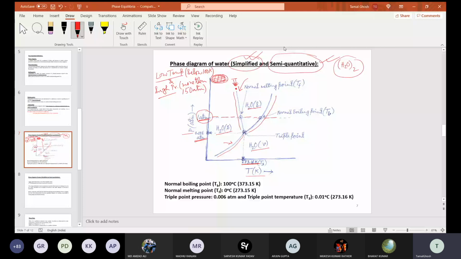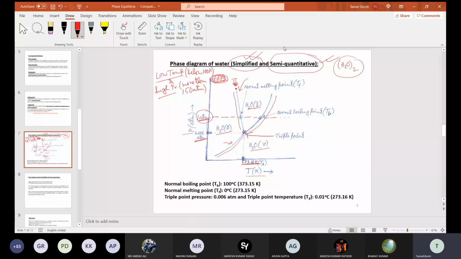Okay, so one triple point is here. You can see the triple point is shown here. This is the triple point, and the other triple point will be observed in that area. So each triple point will be having a different pressure and temperature value. Okay, so that is the thing.